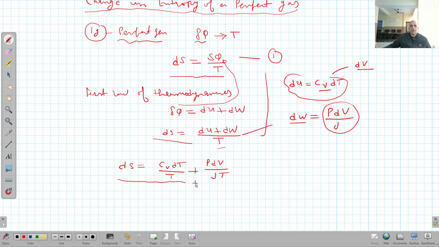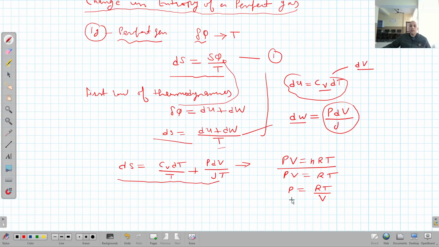So I got this equation in the next step. Now you know very well that PV is equal to nRT. If we take n equal to 1, then it becomes PV equal to RT.